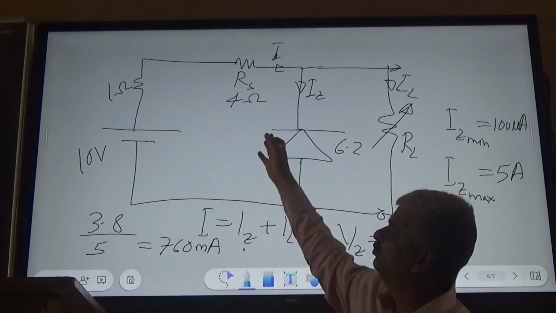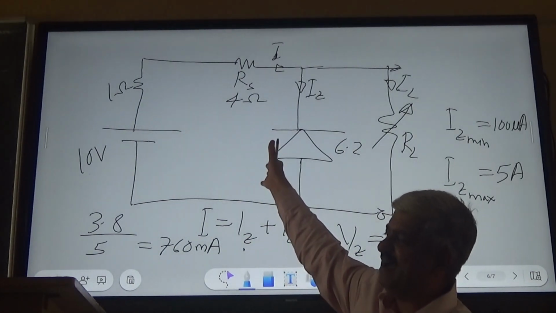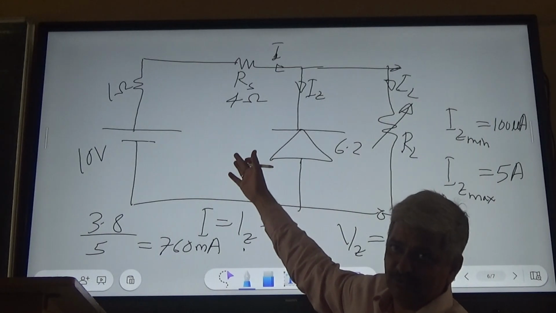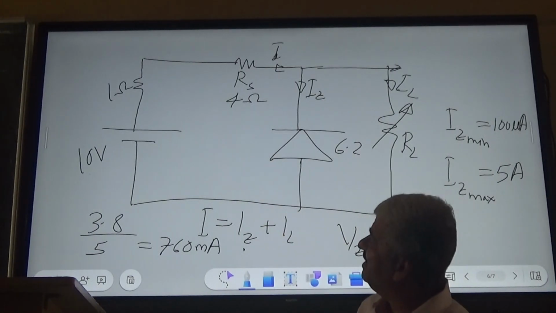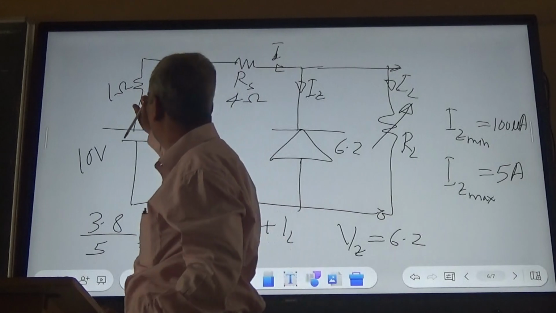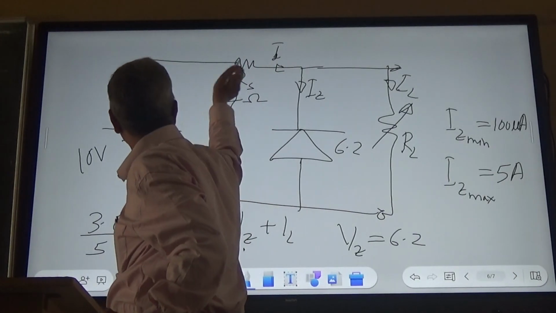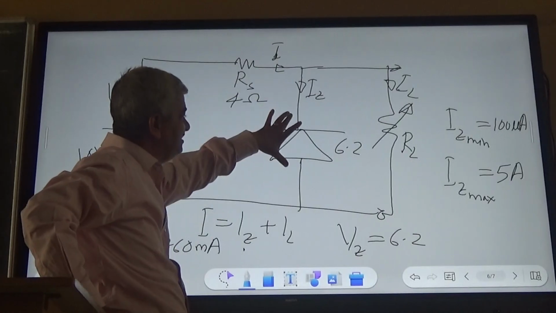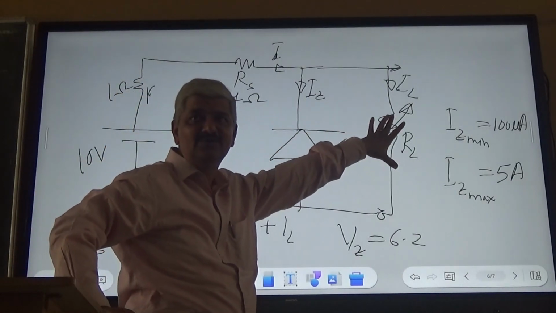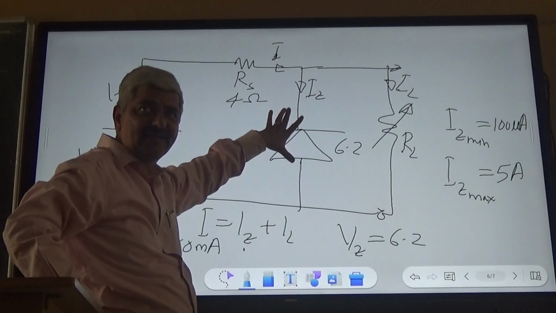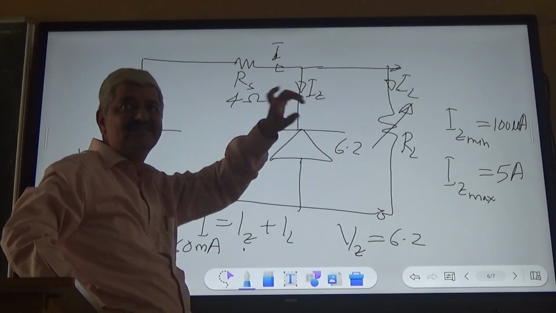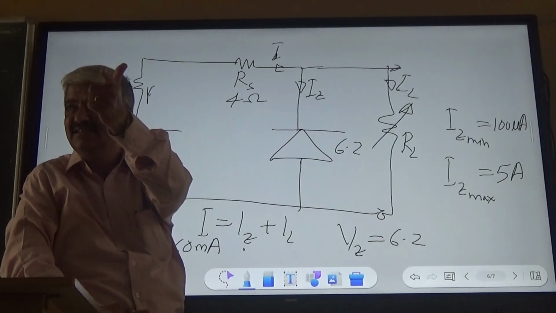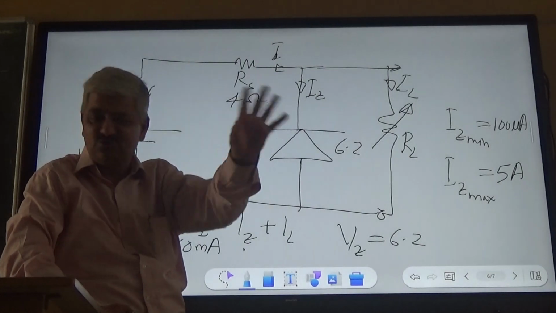Sometimes it is used to optimize the power dissipation, to make things efficient. But right now, this R plus RS and the zener, there is a load. So this zener automatically works as a variable resistance such that the voltage remains constant.